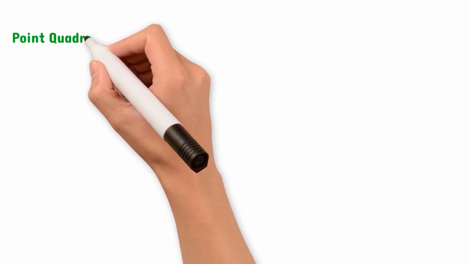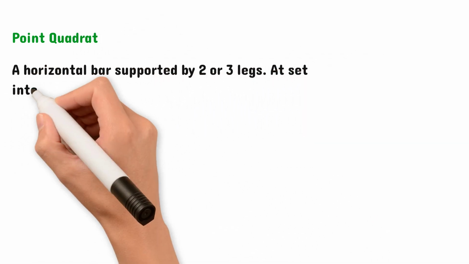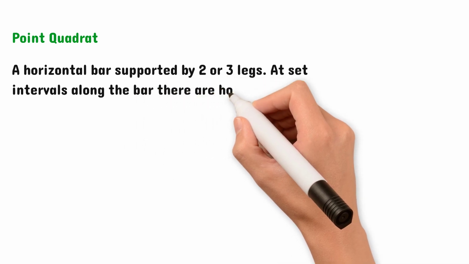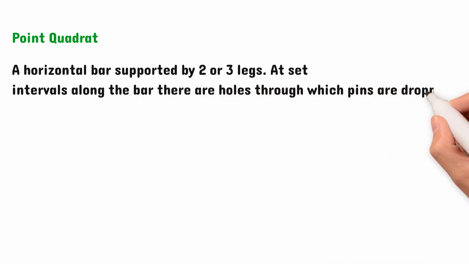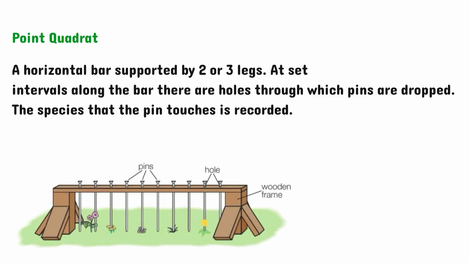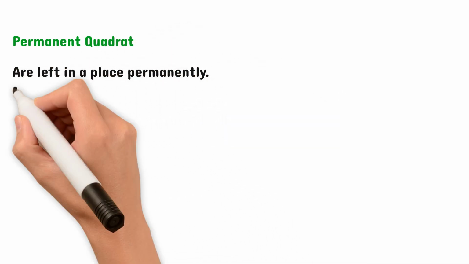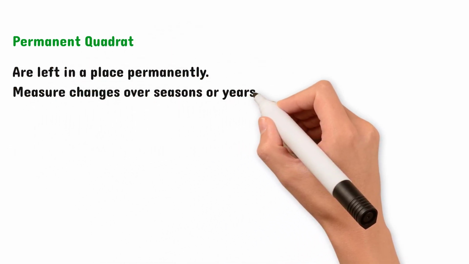Next up, we have a point quadrat, and this is a horizontal bar that is supported by 2 or 3 legs. At set intervals, there are holes through which these pins are dropped, and the species which touch these pins are recorded. Then we have permanent quadrats, and as the name suggests, they're left in a place permanently, and they measure the changes over the seasons or over the years.